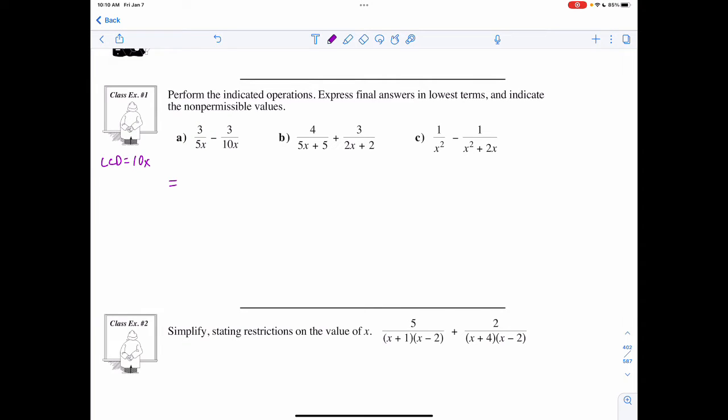So when I multiply this by 2, I'm going to get 6 minus 3 all over 10x, which is just going to give me 3 over 10x. And don't forget the restriction, x cannot equal 0.